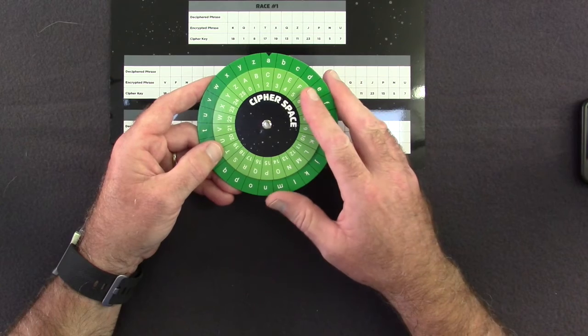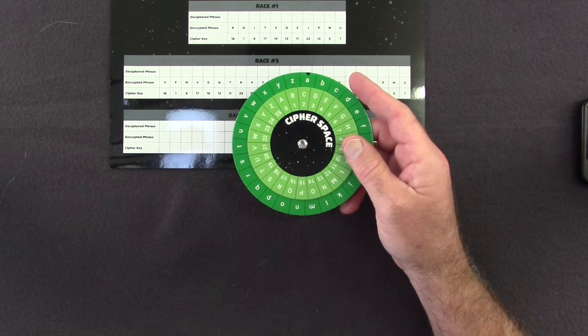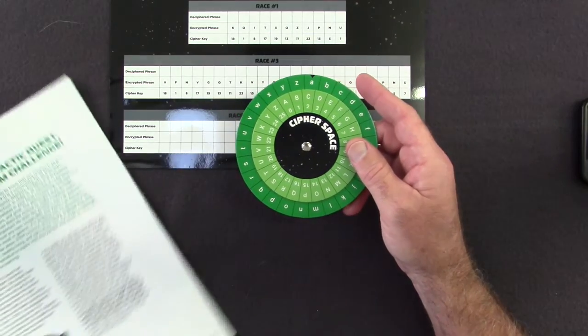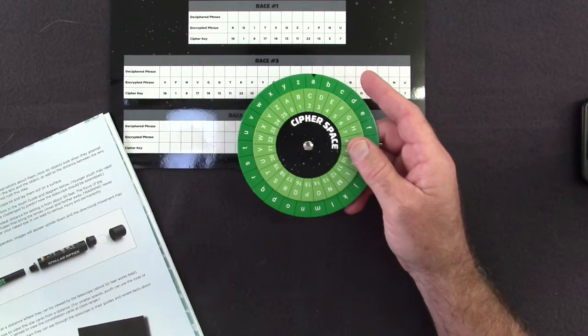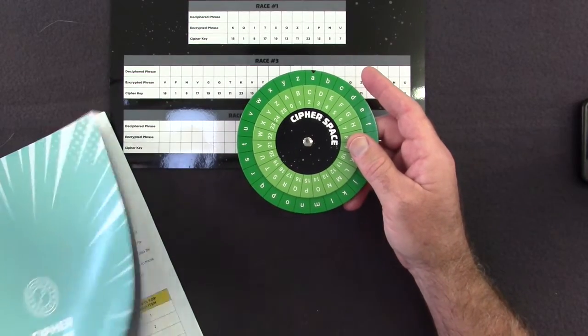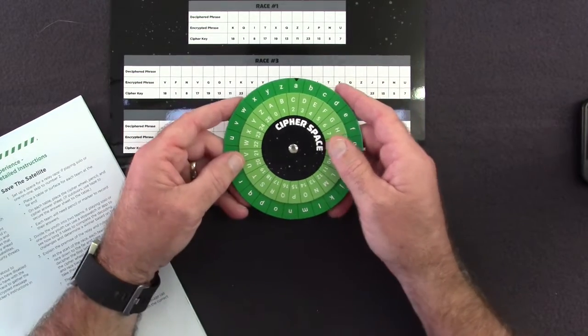Now, for example, if I was to encrypt a word utilizing the Caesar cipher wheel, and this is in the youth guide and the facilitator guide as well, I'm also going to give you a couple of mistakes that I found in the facilitator guide as we do this.